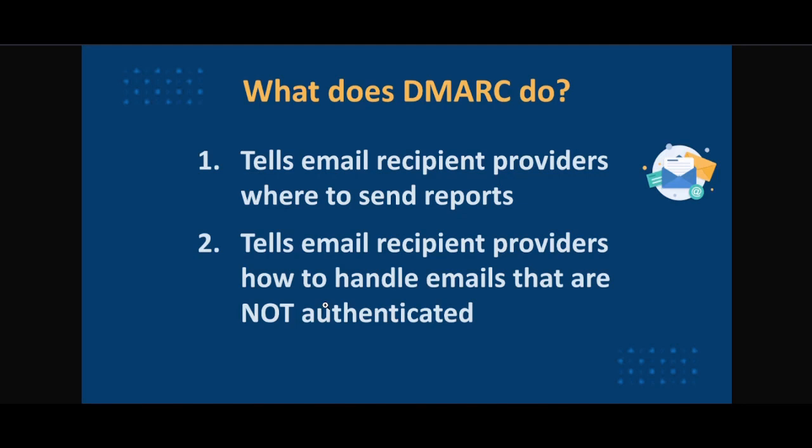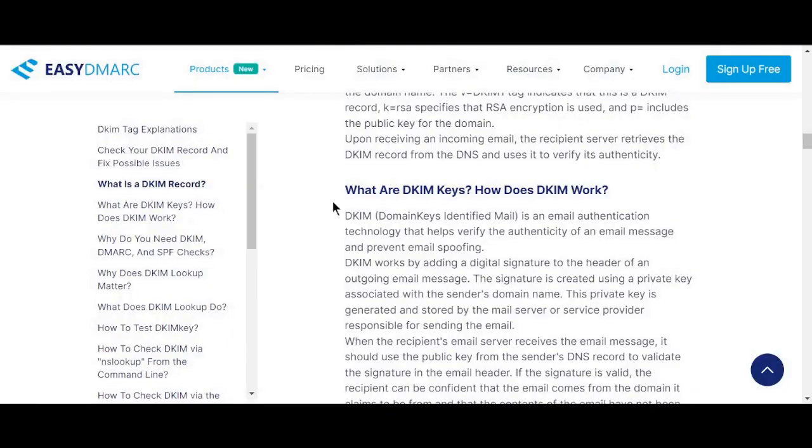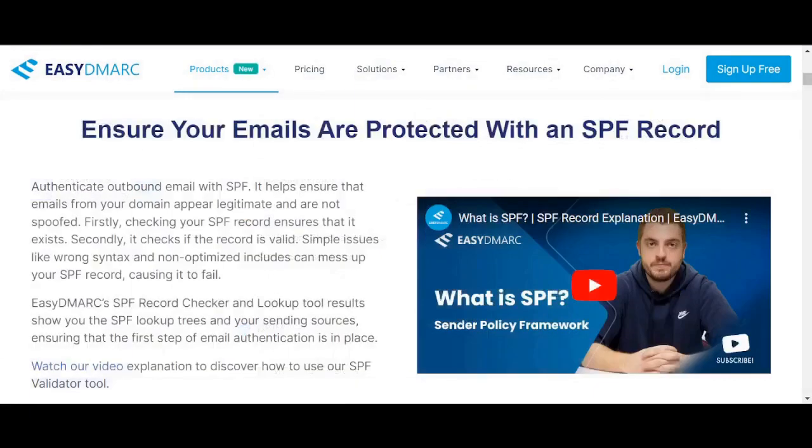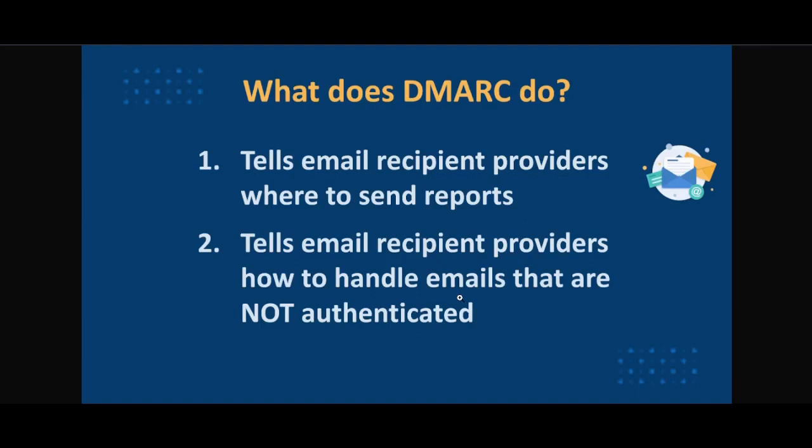The reports that you get from your recipients are going to tell you whether or not your emails were authenticated, if DKIM authenticated, if they're SPF authenticated. It's also going to tell you if the authentication was aligned with your DMARC policy requirements.